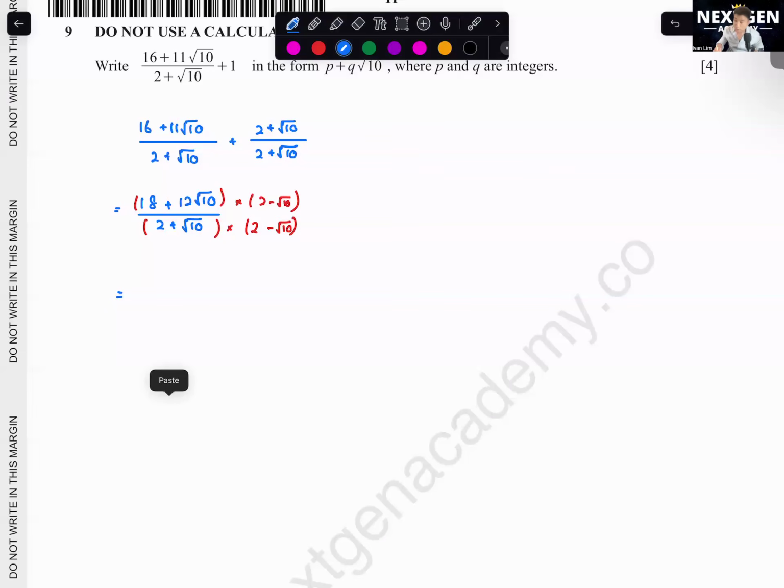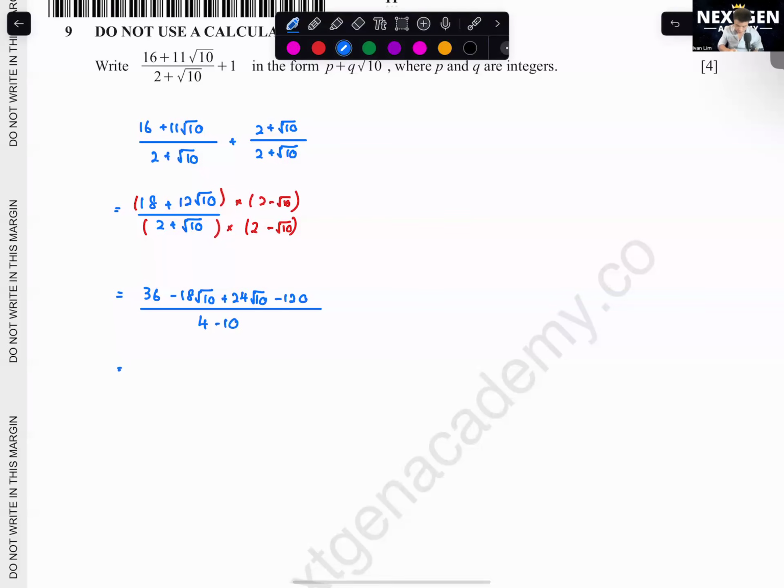18 times 2, we get 36. Minus 18 surd 10 plus 24 surd 10. 12 times 10 minus 120. At the bottom, we'll use a squared minus b squared. So we'll get 4 minus 10.